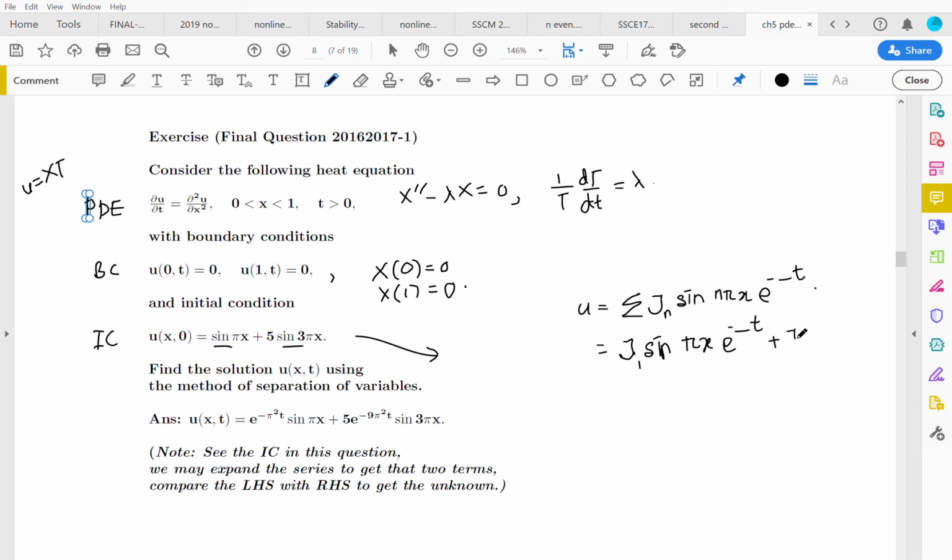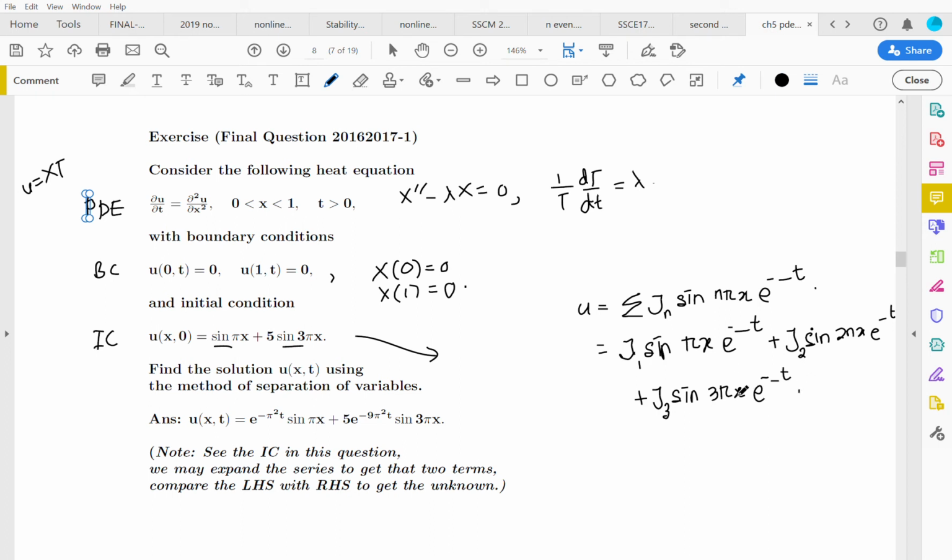Expanding further, we will have J2 sine 2 pi x with exponential of negative some number times t. Since we have sine pi x and sine 3 pi x, I will expand up to J3, n equal to 3, with sine 3 pi x and the exponential of negative something times t.